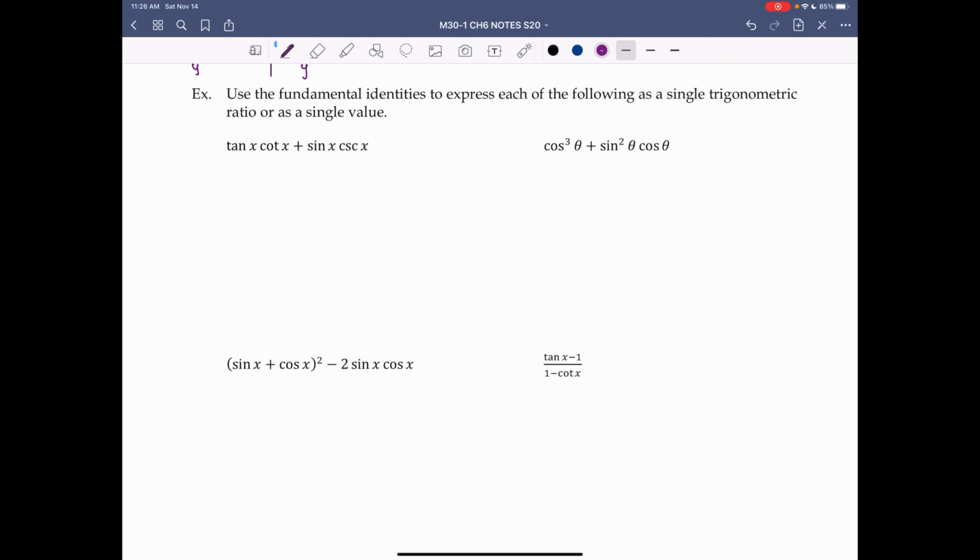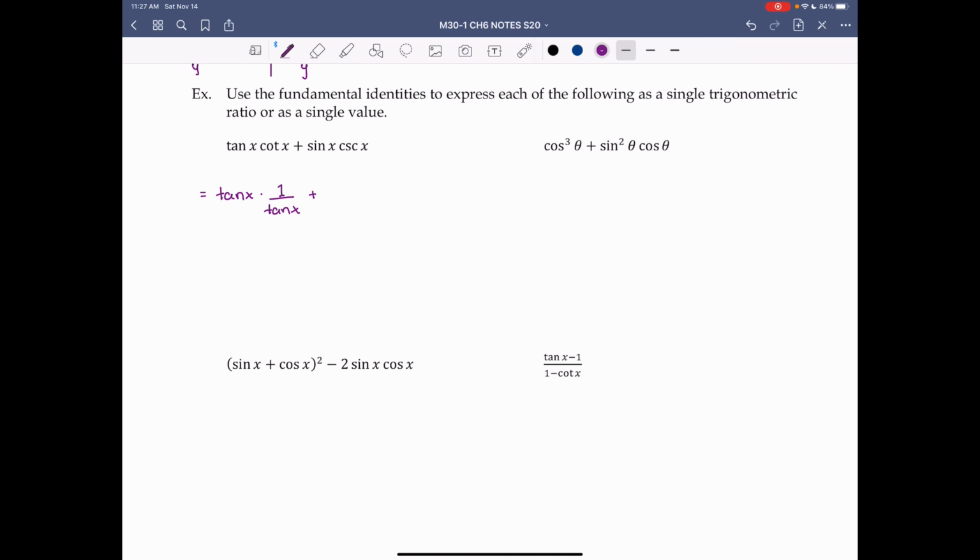Use the fundamental identities to express each of the following as a single trigonometric ratio or as a single value. Tan x cotan x plus sine x cosecant x. Remember that tan x and cotan x are reciprocals, so tan x times cotan x can be written as tan x times 1 over tan x plus sine x times cosecant x.